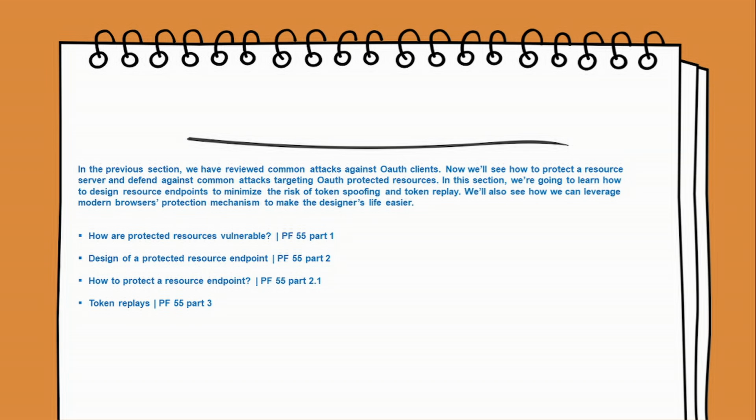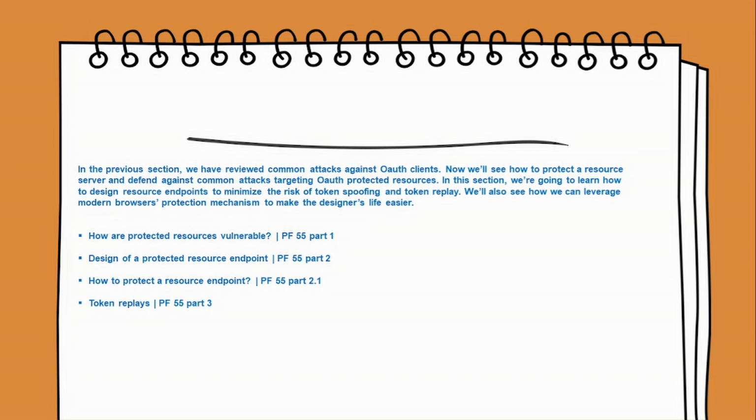In this section, we are going to learn how to design resource endpoints to minimize the risk of token spoofing and token replay. We'll also see how we can leverage modern browsers' protection mechanisms to make the designer's life easier. If you know all these vulnerabilities, the system you are designing will be free from them.